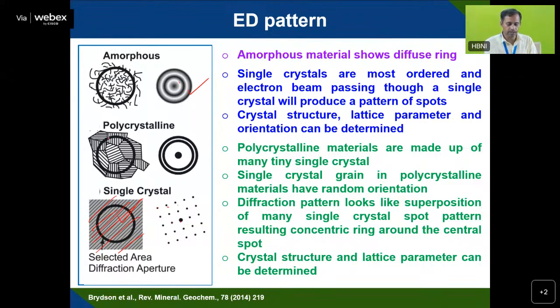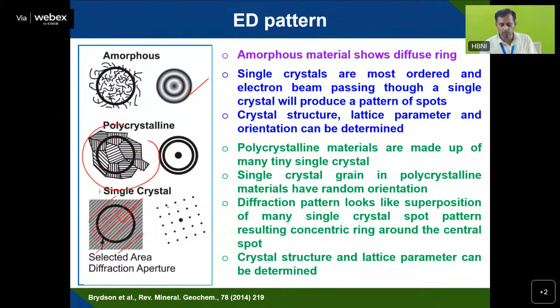And in a polycrystalline structure, you can see many grains oriented in different directions, with different orientations. So it is made up of many tiny crystals. These single crystal grains in a polycrystalline material have random orientation, so a polycrystalline material is composed of many single crystals.